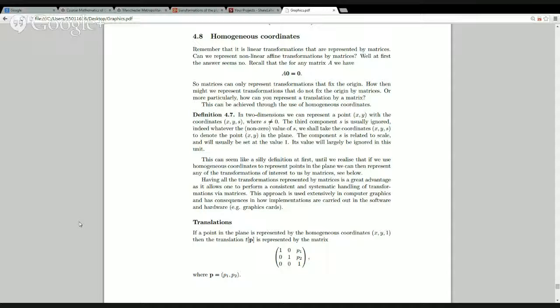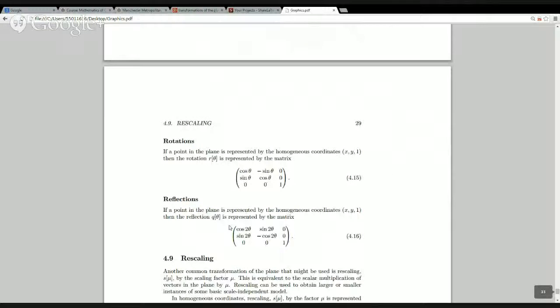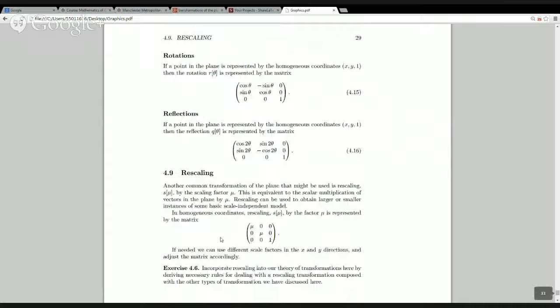So just by this little trick of adding in a third coordinate and making it 1, suddenly we can handle translations using matrices. The homogeneous coordinate matrices for rotations and reflections are more or less the same as they were, but we just add in 0, 0, 1 as an extra row and column in both cases.